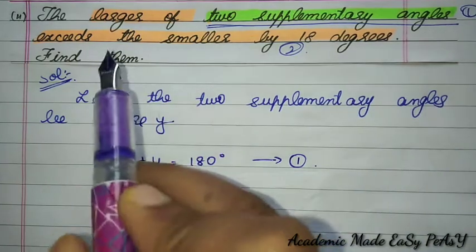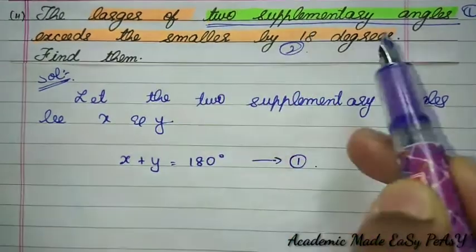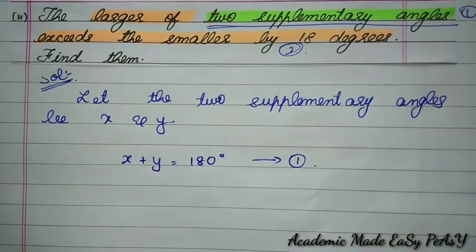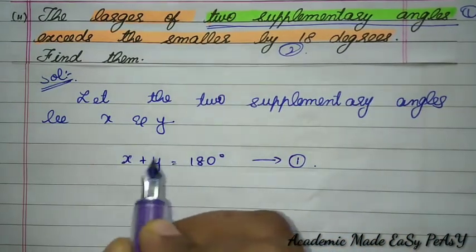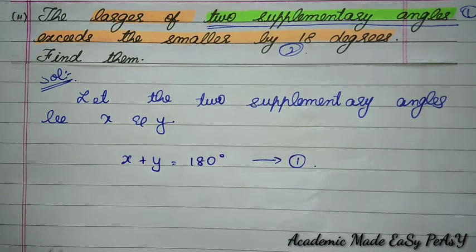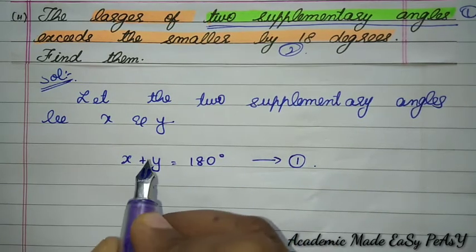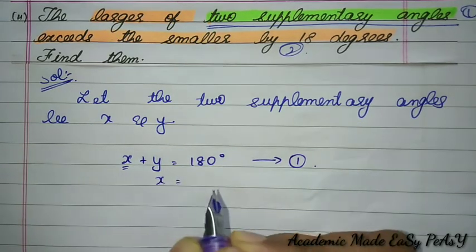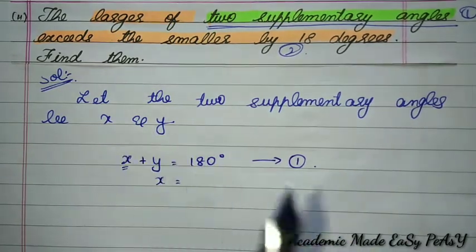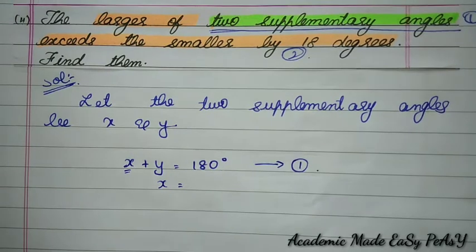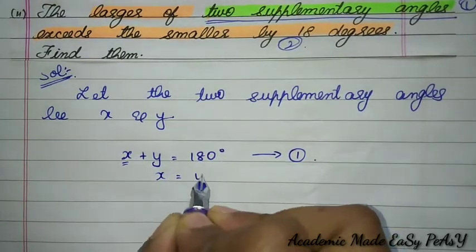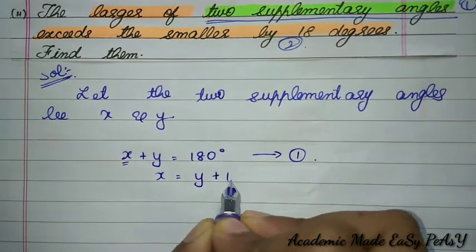Again, they are saying that the larger of the two supplementary angles exceeds the smaller by 18. When we have such types of question, we can choose any one, so let me have x itself. x exceeds the smaller, which means adding 18 degrees to y gives the value of x. So x is equal to y plus 18.